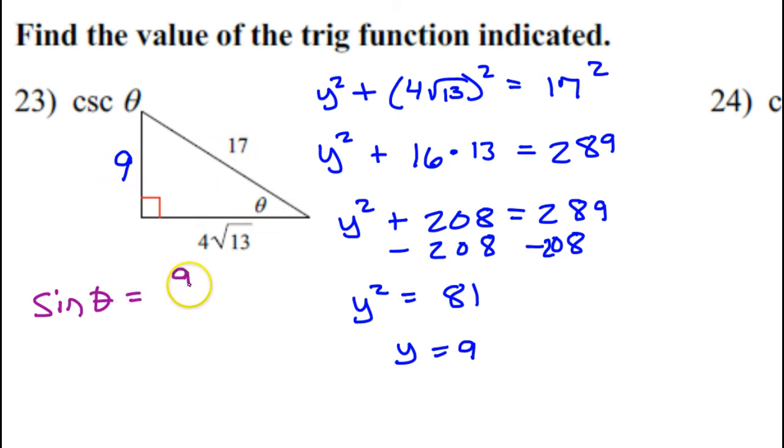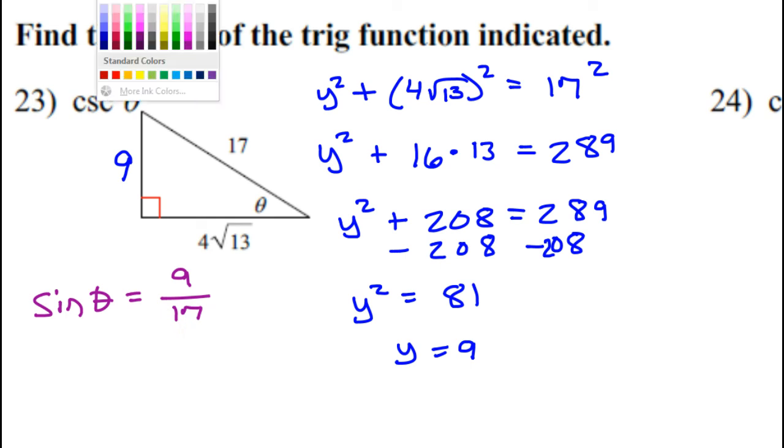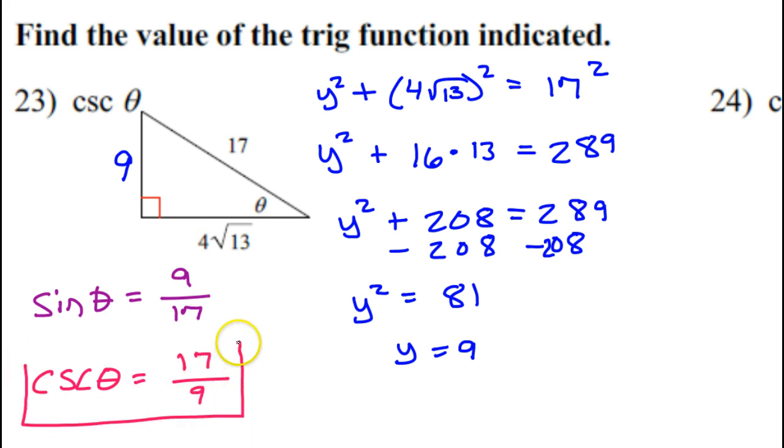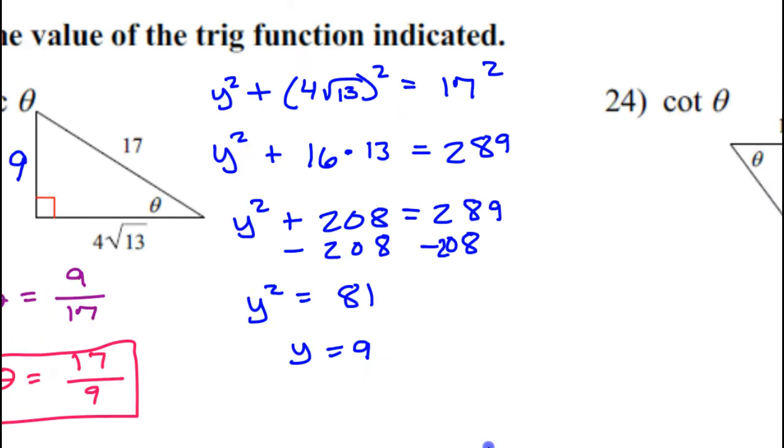So sine would be 9 over 17. That means that cosecant will be the reciprocal of that. So cosecant will be 17 over 9. All right, that's the answer to number 23.